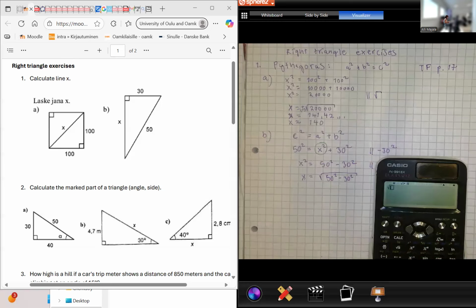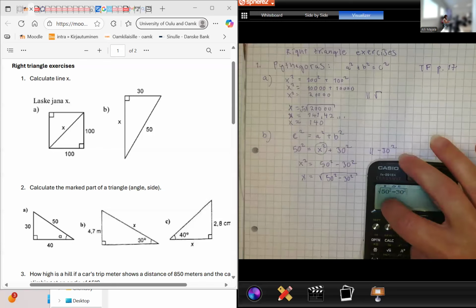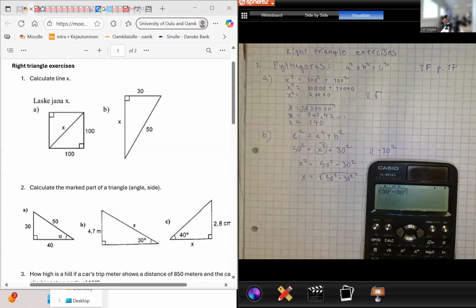And to know how to do it here with my calculator, this is super simple. And why is it super simple with my calculator? Because this square root reaches the whole operation here. Some of you might have to put the brackets, yeah? If you have a different kind of calculator, and it takes the square root only of the first number. Yes.